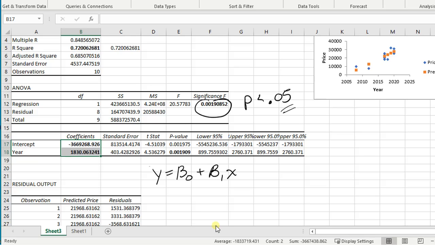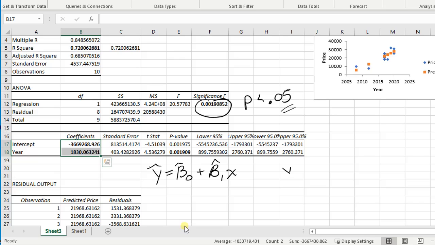This is a linear regression. And I can have y hat, which means the predicted value of y. So the predicted price value is y hat. I would also need hats over these guys too. This is the predicted intercept and the predicted slope.